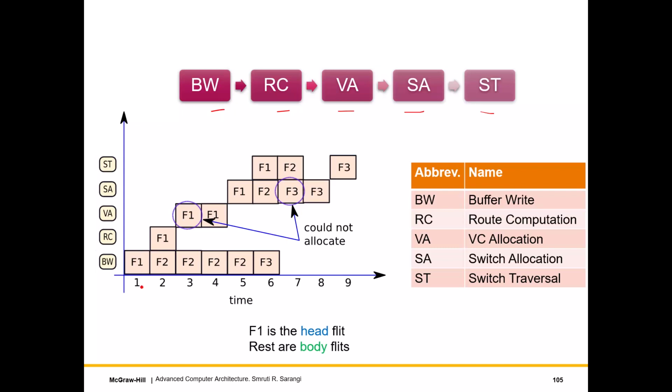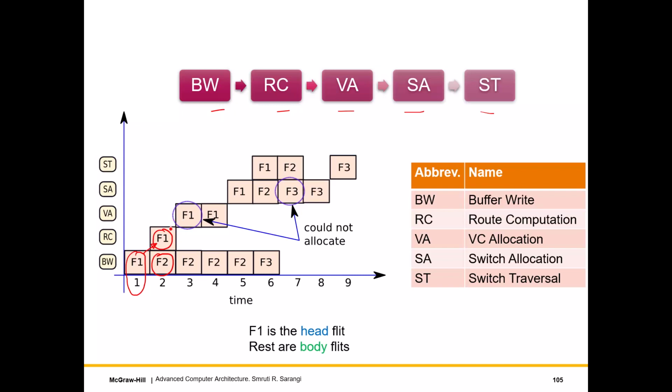Initially F1, which is the head flit, will be there in cycle number 1, it will enter the router. Now let's say in cycle 2, this moves to the route compute stage because we don't expect any stalling here. So flit F2 comes here, and then for flit F1, the route is being computed.